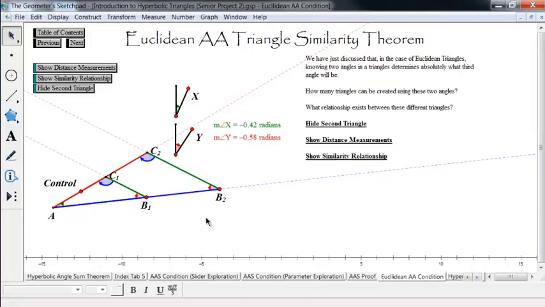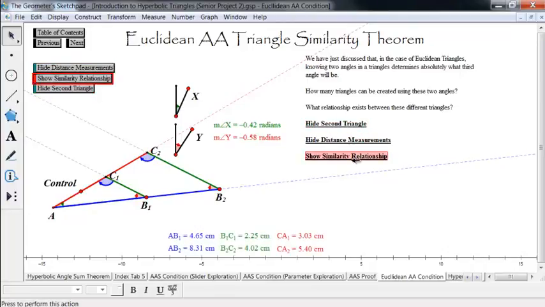So there is no angle congruence theorem for Euclidean geometry, or for unified geometry, because of this Euclidean possibility here. However, we do have something interesting. Let's take a look at these distance measurements. Clearly, the blue measurements aren't equal, the greens aren't equal, and the reds aren't equal.